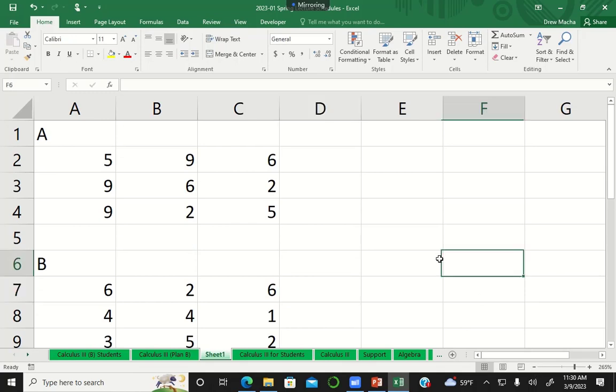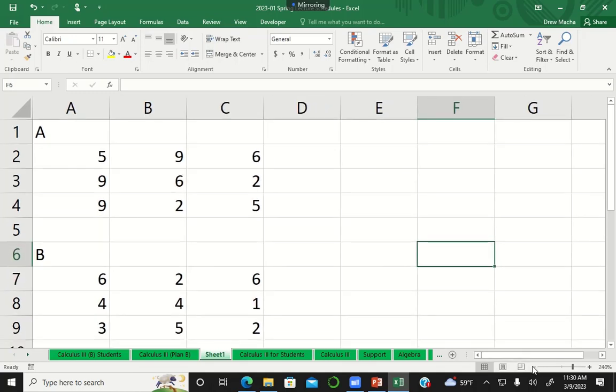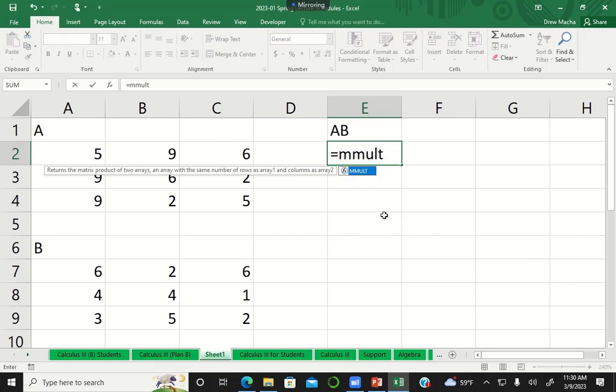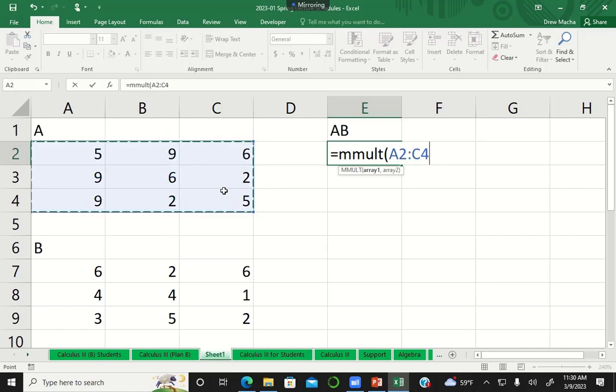If I want to find the product A times B, so I'm left multiplying by A, you could say I'm right multiplying by B. What I'm going to do in Excel is type in equals and then MMULT, short for matrix multiplication, open parentheses, and then I select the first matrix, then a comma, and then I select the second matrix.